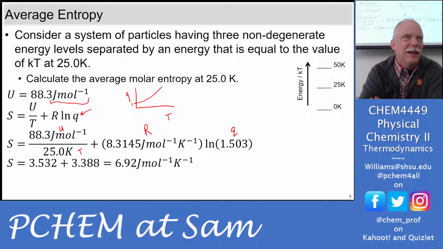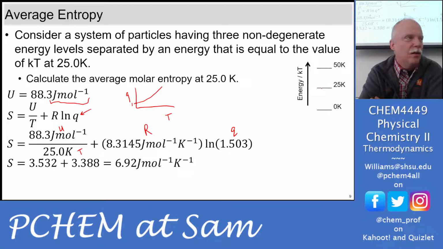So if I lower the temperature to 0, what happens to my energy level diagram? Is it ordered or random? What's the order? I know where the atoms, or the molecules, or the particles are. Where are they? Ground state.